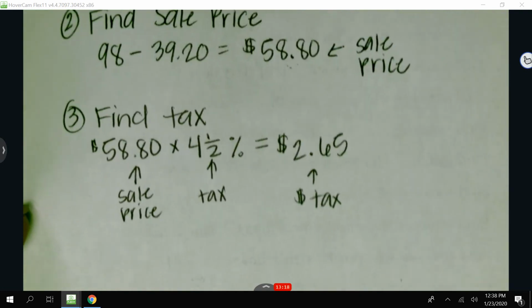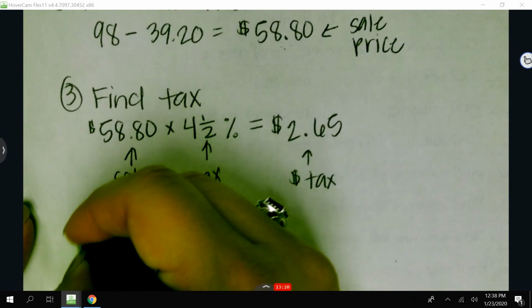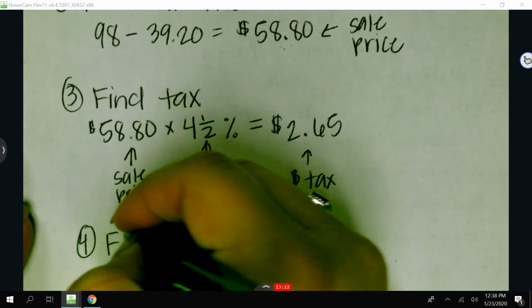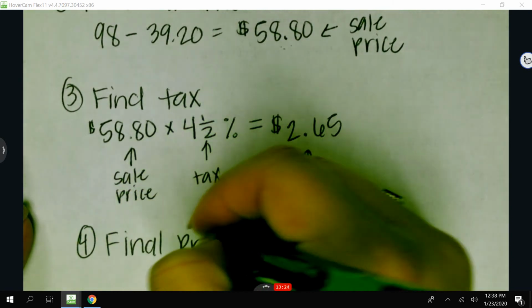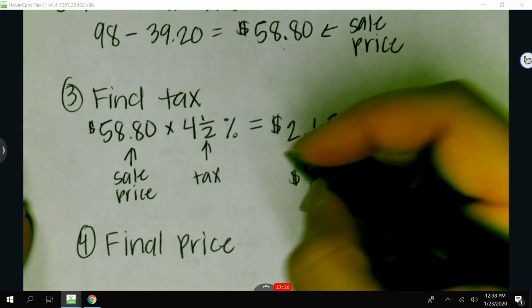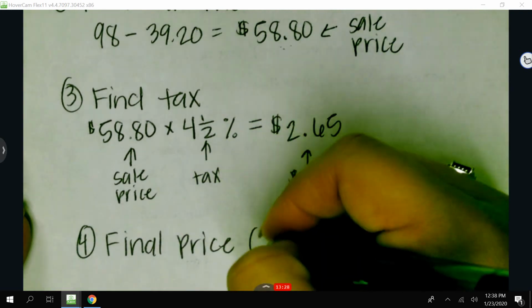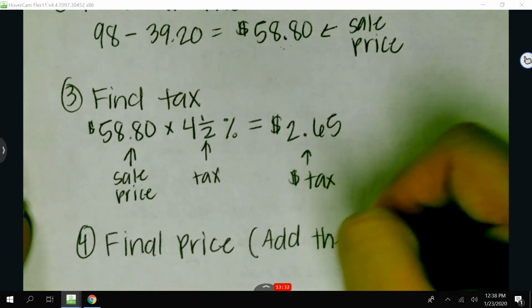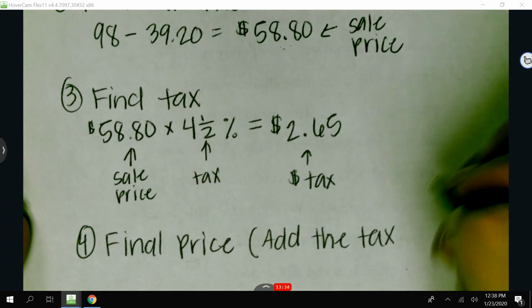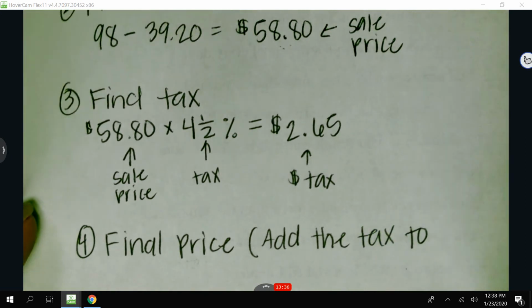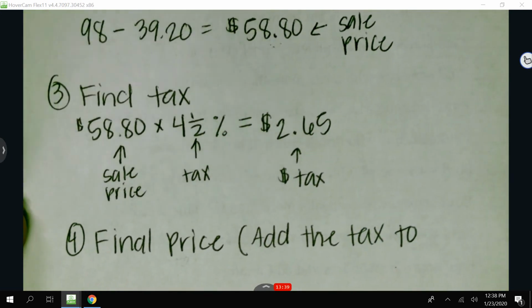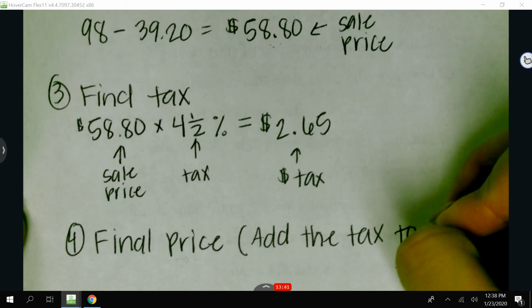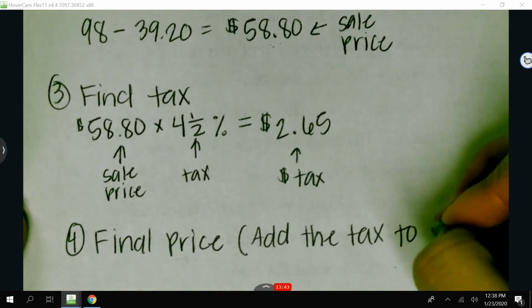So then the final step is to find the final price. How much are you actually paying the store for that tent? So in this case, you're going to add the tax to what? To the original. The original is on sale. So we're adding to the sale price.